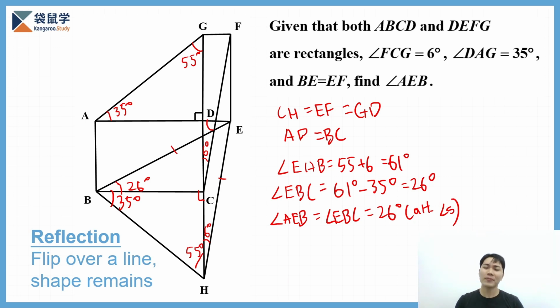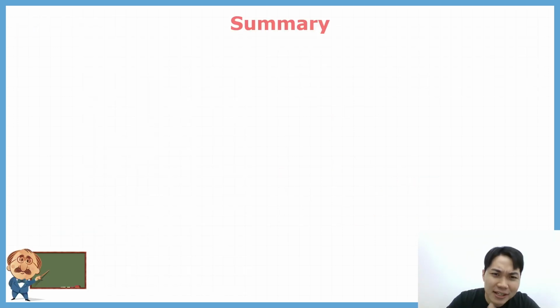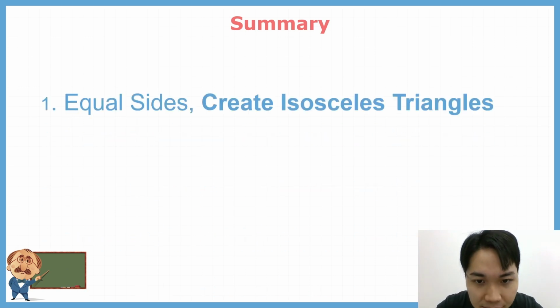Wow. So this question is very interesting because it covers some very interesting properties when we try to solve these geometry questions. So let's recap one more time. First, whenever I have two equal lines, or lines of equal length, what must I think of creating? Isosceles triangles. Perfect.